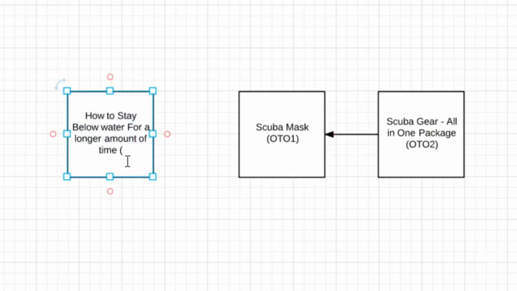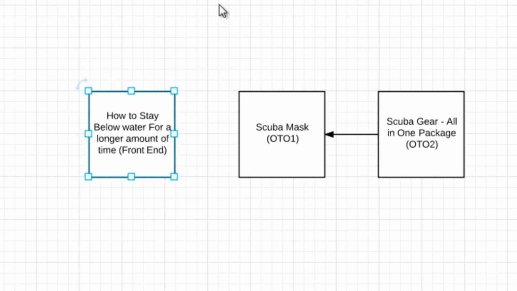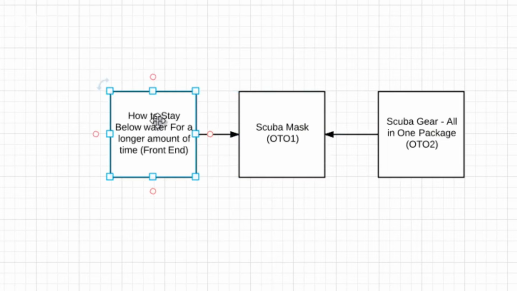This could be a lead magnet, it could be a front end offer. But let's say, for example, we want to make a course to show people how to stay below water for a longer amount of time, or whatever unique selling proposition essentially solves somebody's problem, right? So they're looking to stay below water for a longer amount of time, and then maybe you present them after that.